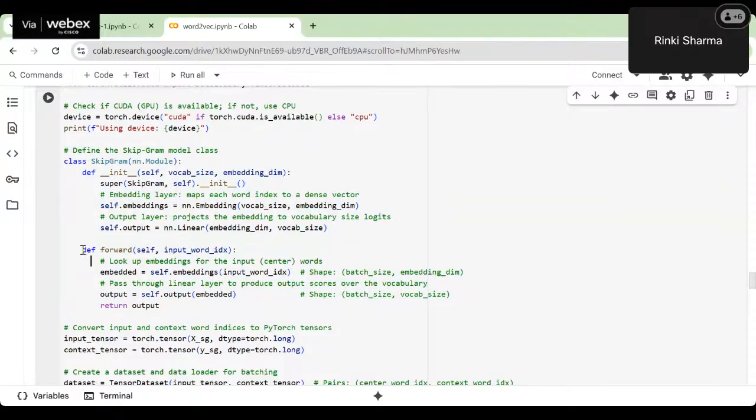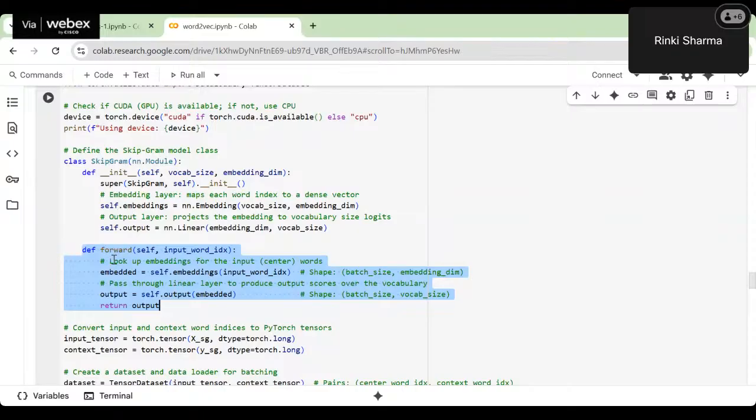Here the difference is that our input is a single word, the center word, and we want to predict the neighboring words of that word. So we want to predict more than one word. We have no need to take any average, as our input is only a single word embedding.